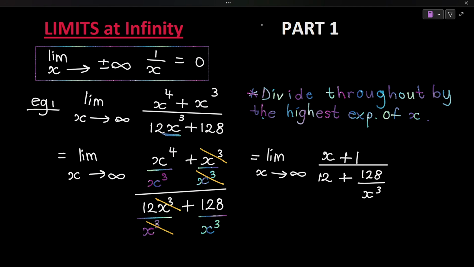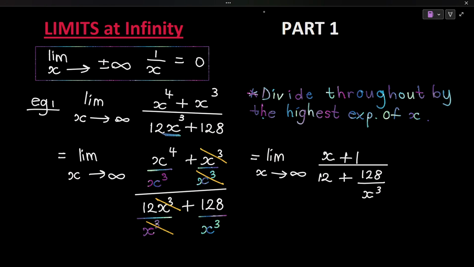Now, once you have cancelled out your common terms, or rather simplified, there may be some terms that are left that are in this format of 1 over x. In this case, 128 over x cubed is of the format 1 over x, with a positive exponent.